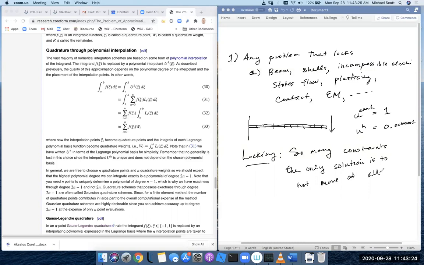Well, the number of constraints is going to be the number of nodes, right? It's going to be the number of finite element equations that you have. So if the space is too high of a degree, you're over constrained, and the problem locks up because it's harder to find a flexible, appropriate solution if you're over constrained. And so there are constraints built into a lot of physical problems that may not be totally obvious.